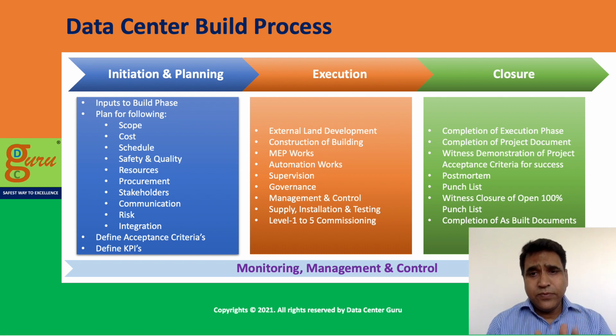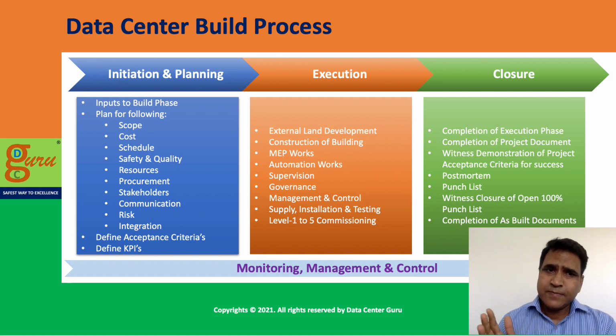Second is defining the key performance indicators of the entire project life cycle. What are the key performance indicators which are measurable? You must define them in the beginning itself, and then you start controlling and managing those KPIs for success.